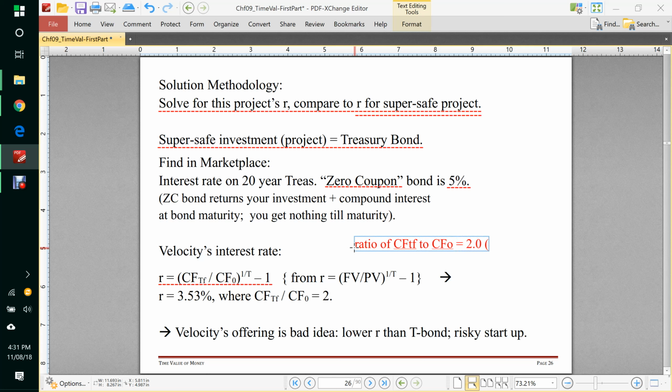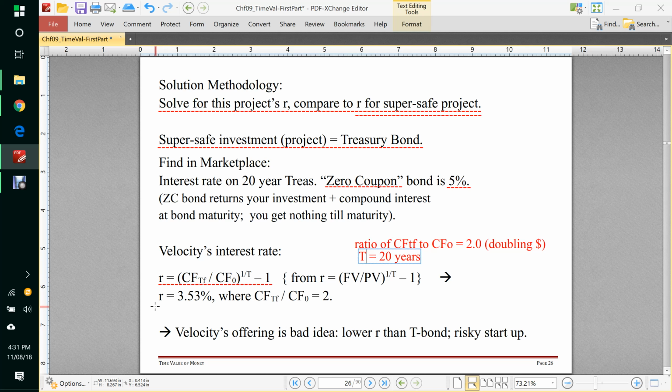That comes from the doubling of the money. And we know that t is equal to 20 years. So that's all good, and that's really all we need to get the show on the road here.